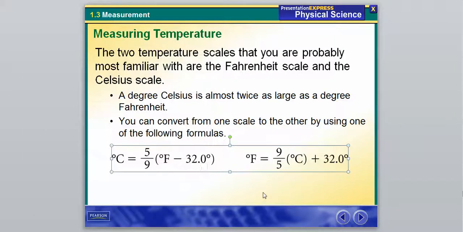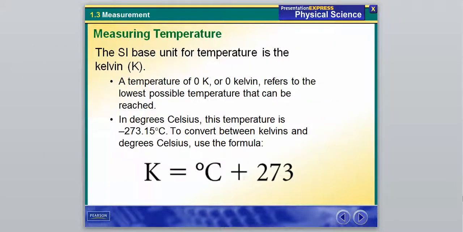We'll do some sample problems in class as well, but this is how we go between them. We take 5/9 times our degrees Fahrenheit minus 32 to get degrees Celsius, and on the opposite, we take 9/5 times our degrees Celsius plus 32 to get degrees Fahrenheit. It's as simple as if we have the degrees Celsius, we plug it in over here, and if we have the degrees Fahrenheit, we plug it in over there, and we can go back and forth between the two pretty easily. So that is how we measure temperature with our two different scales.